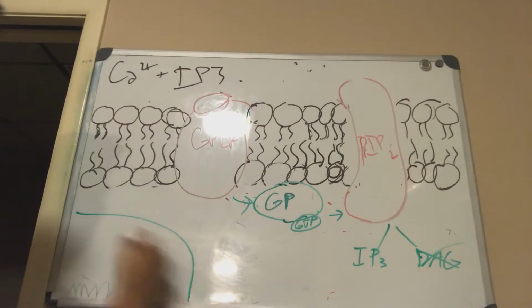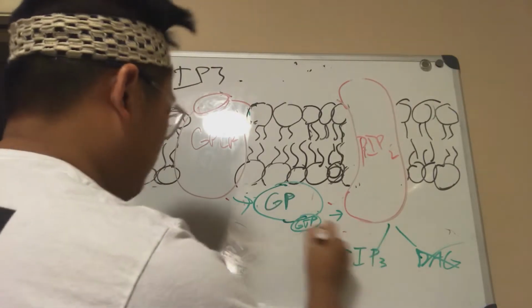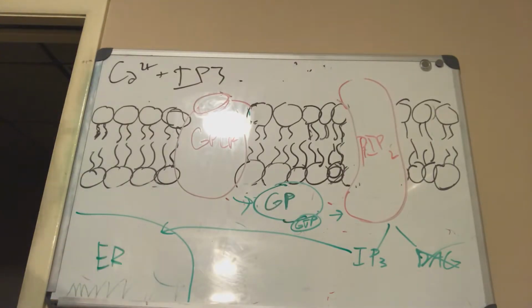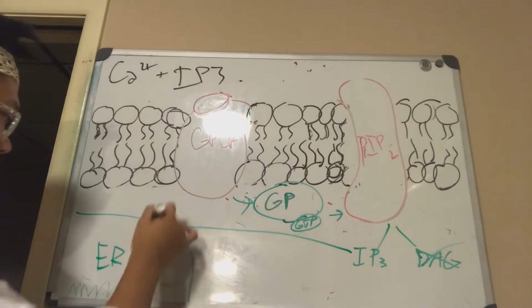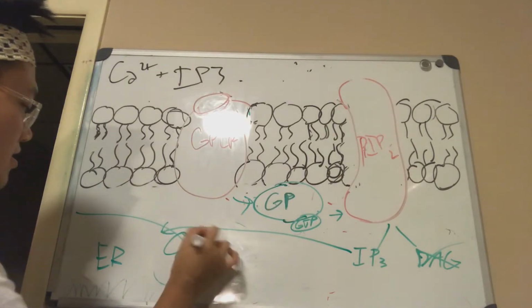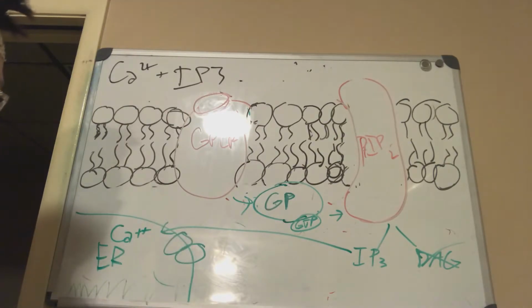The cell has an endoplasmic reticulum. The IP3 moves to the endoplasmic reticulum. The ER has a receptor here that's a gate, because the ER is filled with calcium ions.